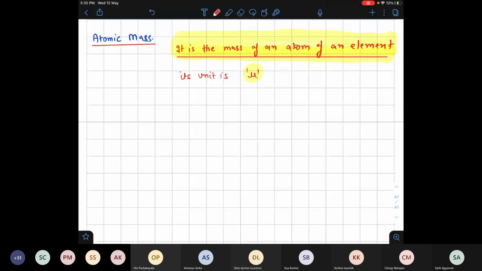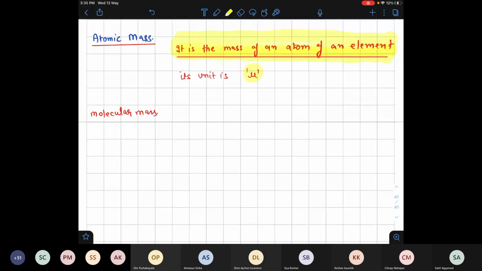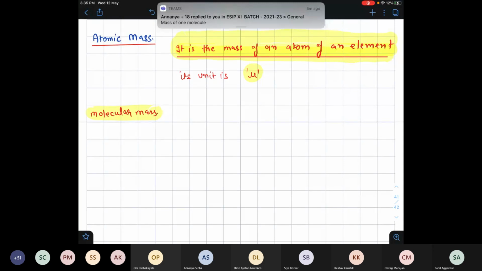What is molecular mass? Very good. Very smart answer.